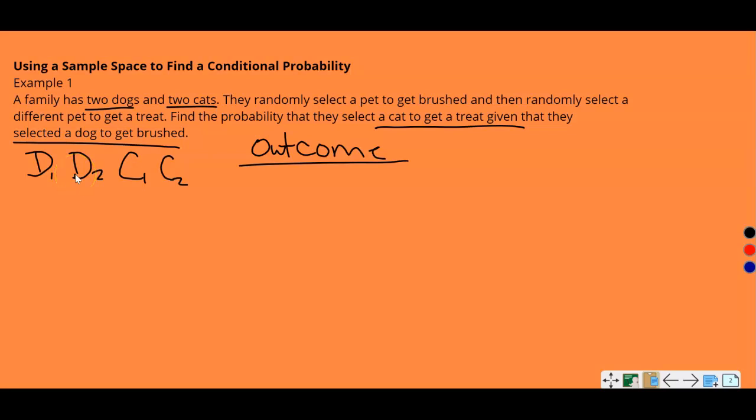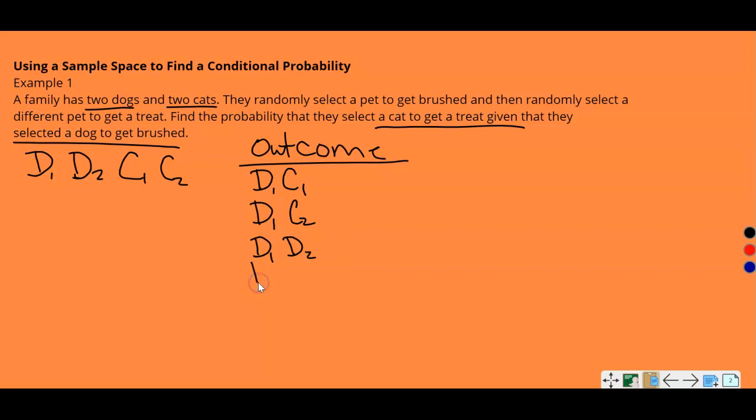So we're going to start with D1 and cat 1, dog 1 and cat 1. And then we're going to have dog 1 and cat 2. And then we're going to have dog 1 and dog 2. So that's all the different combinations where D1, dog 1, is picked first.